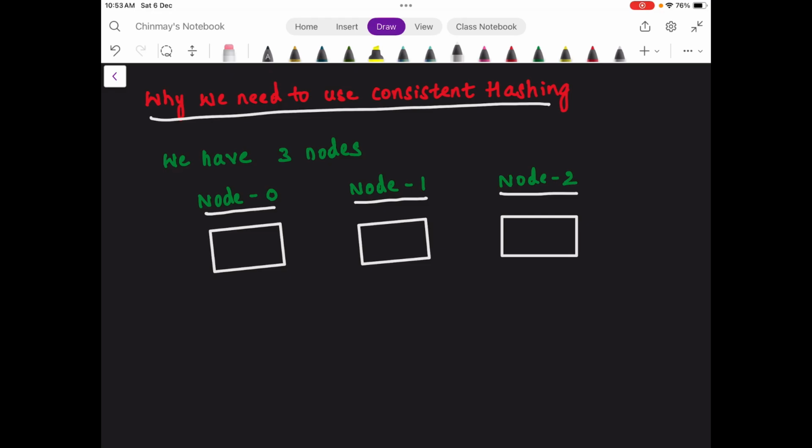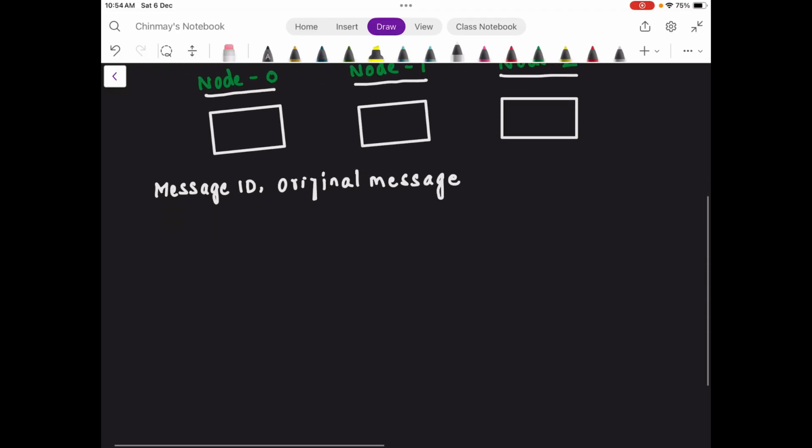If we need to distribute the messages across these three nodes, we have a message ID and the original message.